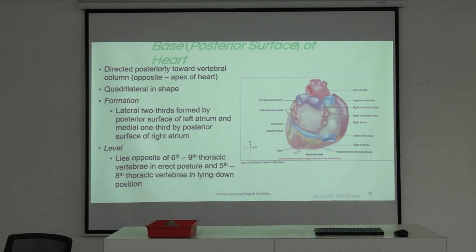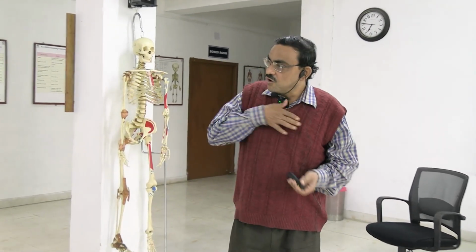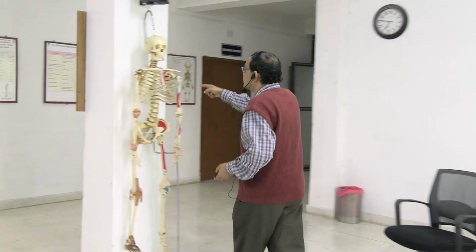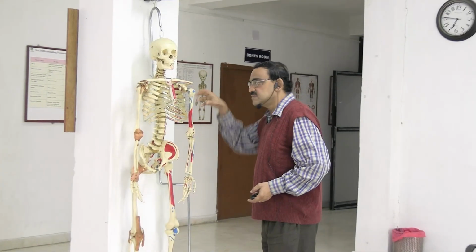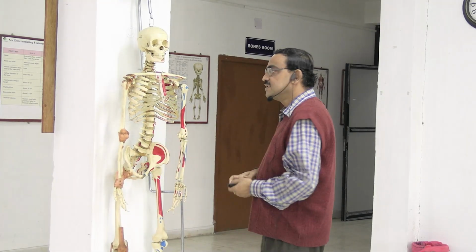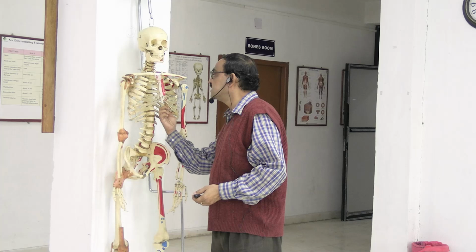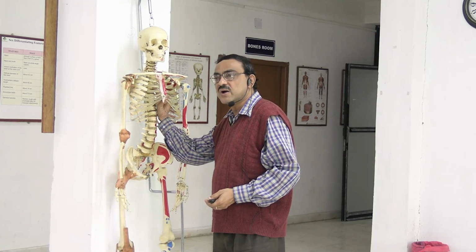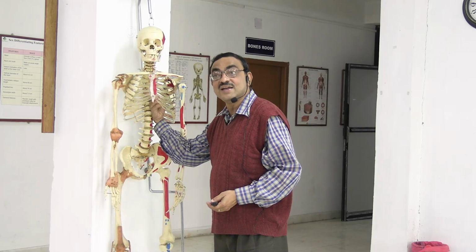Now what is called the base? Base is the posterior surface. Base is nothing but the posterior surface. Apex is directed downwards, forwards and to the left. So similarly, base is directed backwards, that means upwards, backwards and to the right.